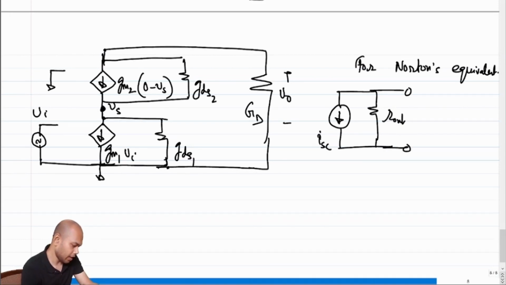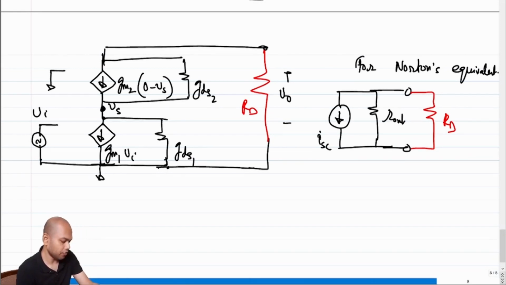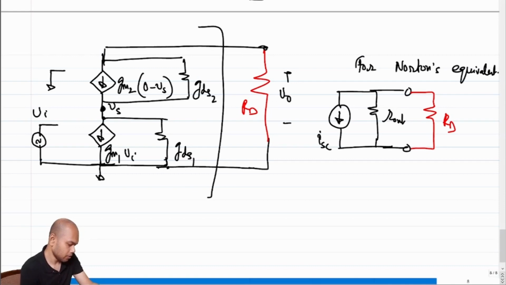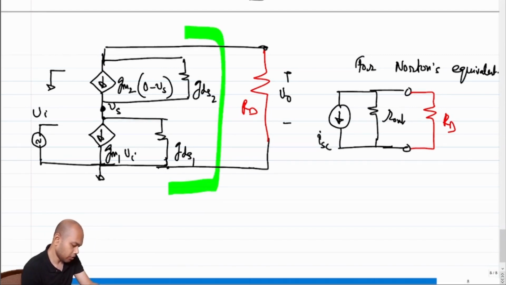If I find that out, then I can put this RD here and get it done. So essentially, you have an RD here, and we are trying to find the Norton equivalent of the box looking to the left.